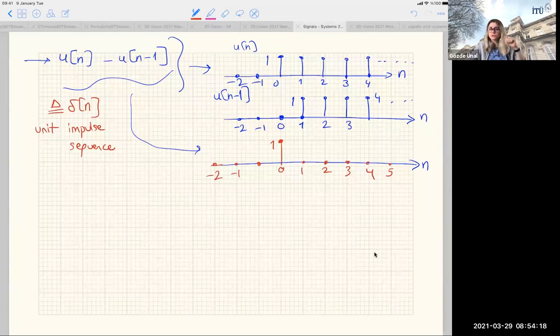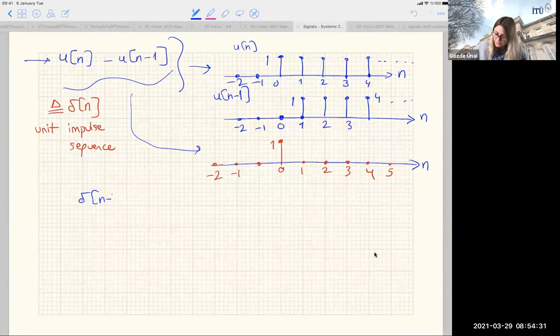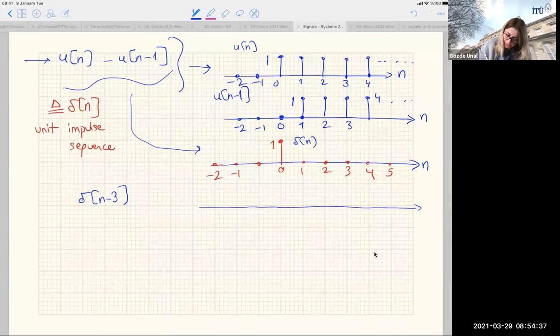We have its continuous time version, which is a little bit more difficult to understand, but here it's easy to understand. Delta of n, I can have a shifted version. For instance, what is delta of n minus 3? I think you guys get the point. Maybe let's make it 2. If it's 2, I have to have amplitude 2.